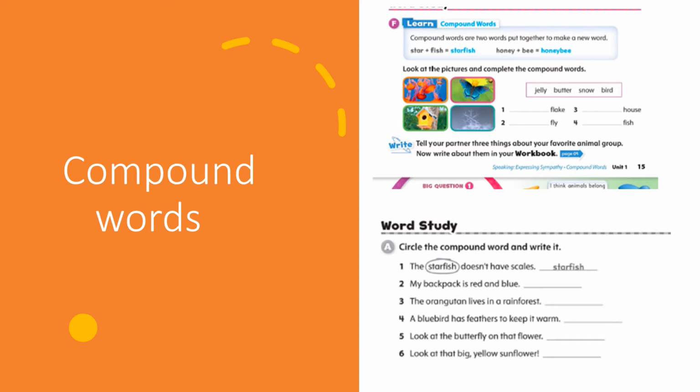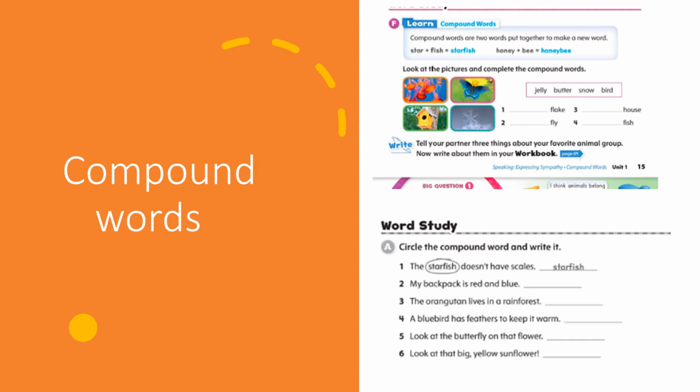Number 4. A bluebird has feathers to keep it warm. So which one is the compound word? Yes, bluebird. So circle bluebird in the sentence and write bluebird in the blank.